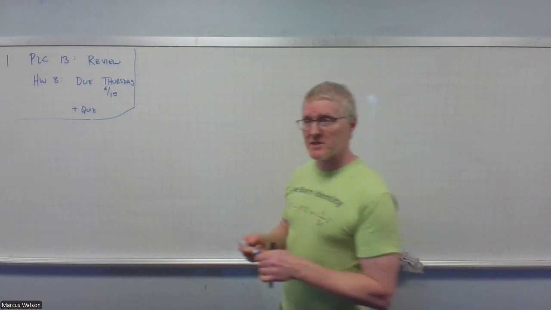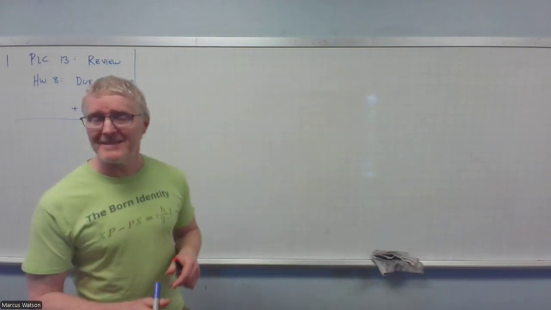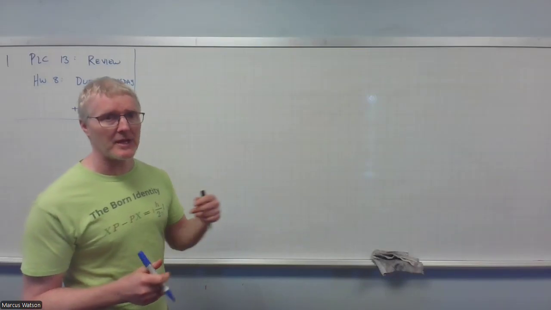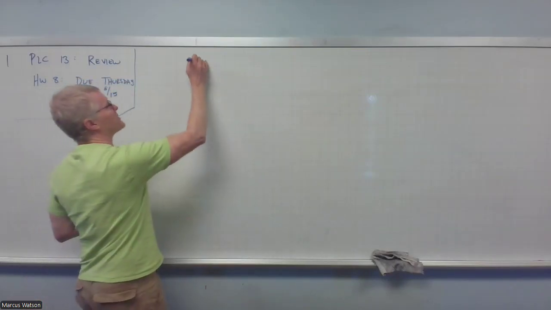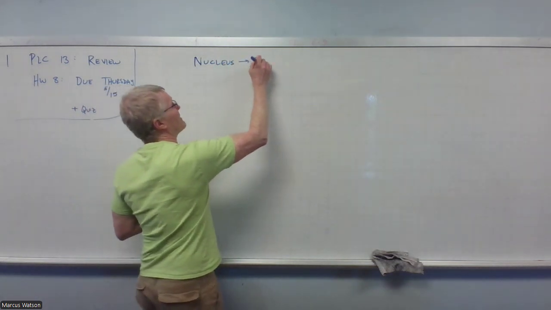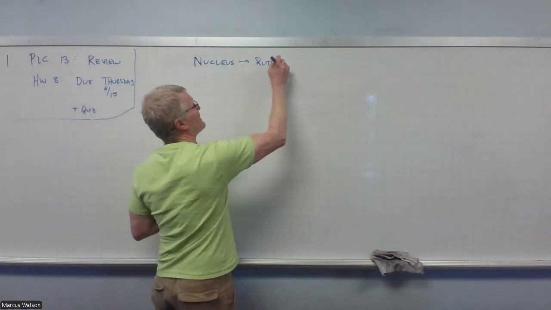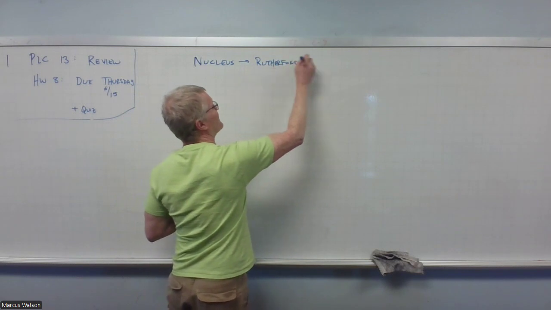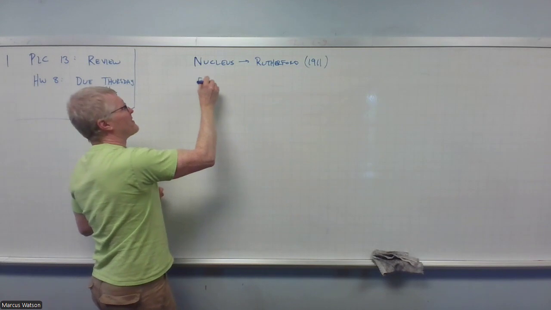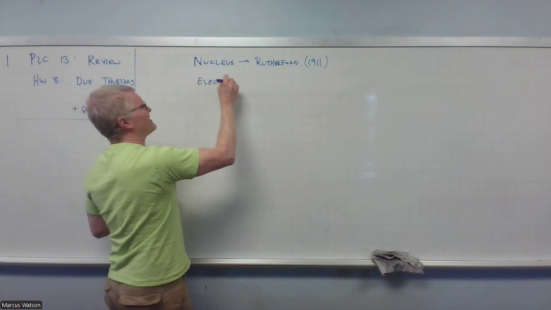Now, the nucleus was discovered in about 1911, which was about a year or two before Bohr's model came out. The nucleus was discovered by Rutherford in about 1911, and the electrons were discovered by Thomson in about 1897.